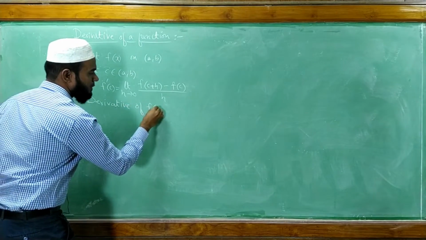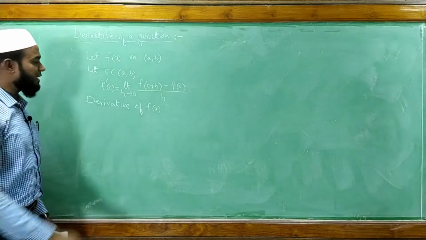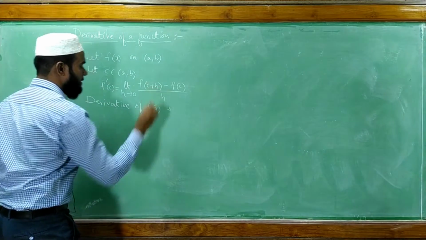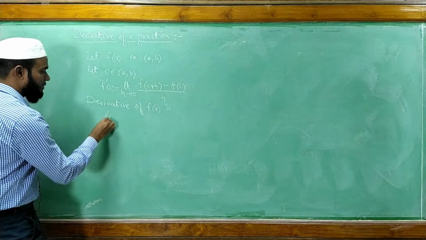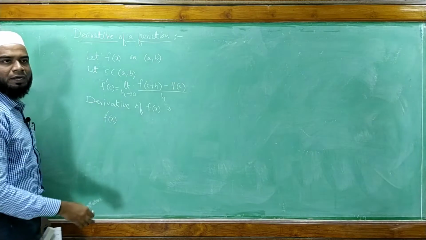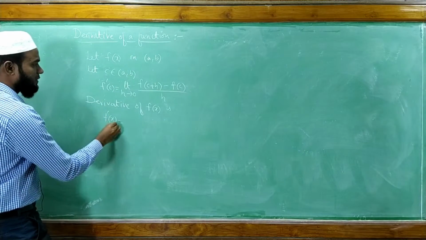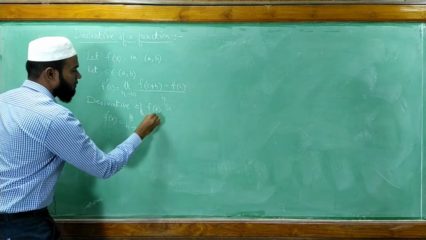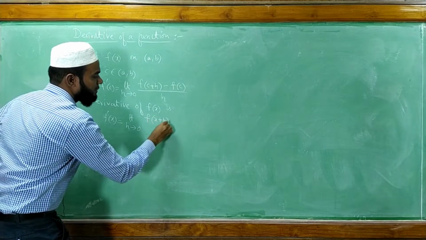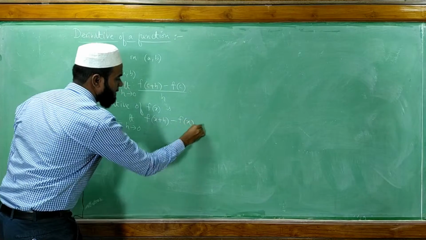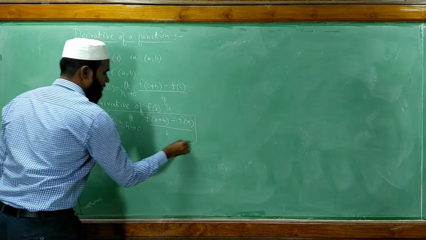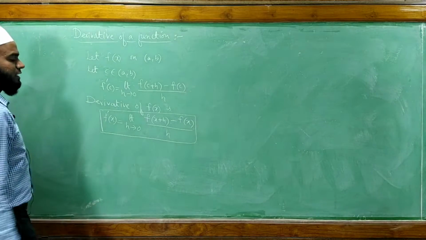I am not specifying at which point; in general, the derivative of f of x is written as f dash of x. It can be any point, at all the points. f dash of x is given by limit h goes to 0, f of x plus h minus f of x divided by h. So this is the definition of derivative for the function f of x.